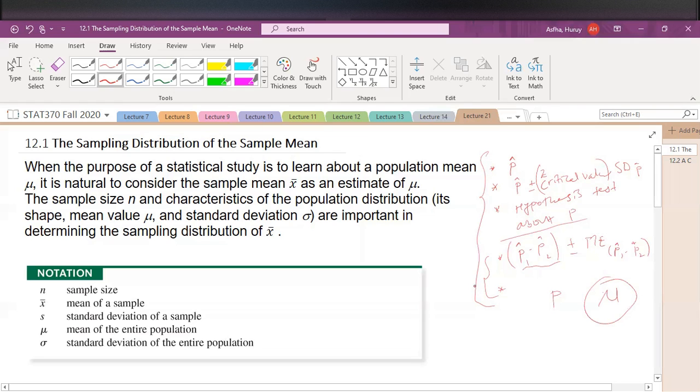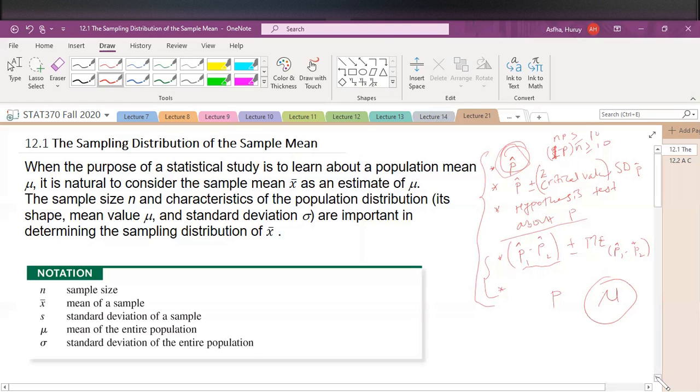But first we need to know the sampling distribution, because first we studied the sampling distribution of p hat, and we said when the conditions are met, when np and n times 1 minus p were both greater than 10, and if the sample was selected randomly, or if it is representative, then this p hat is normally distributed, right? That was the sampling distribution of p hat.